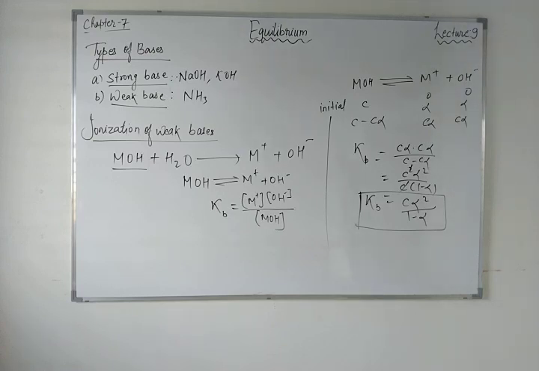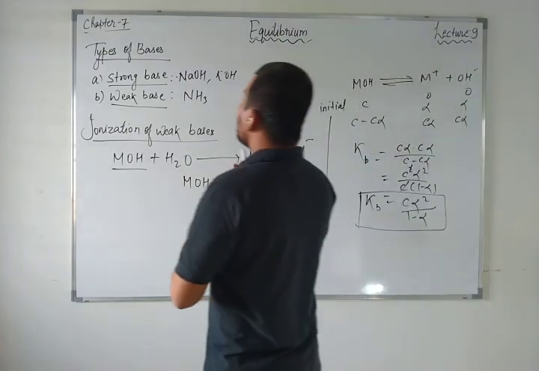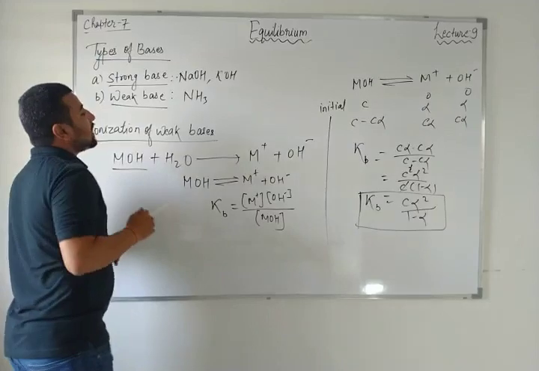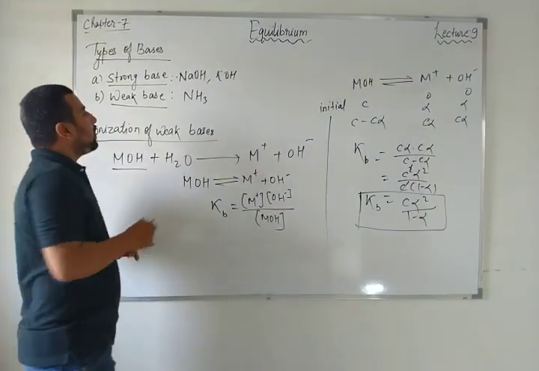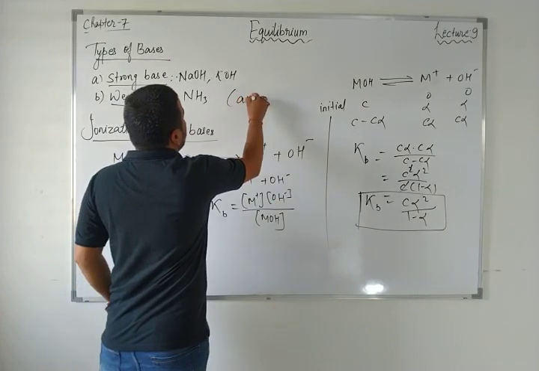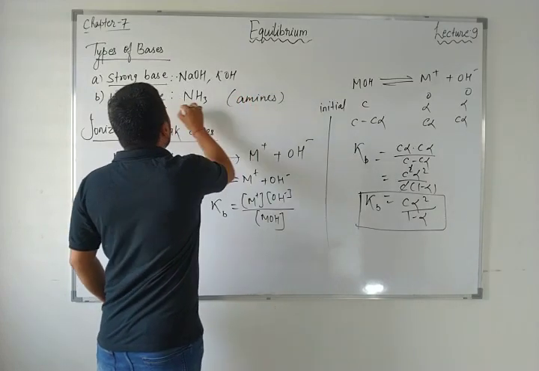If we talk about some specific bases like dimethylamine, trimethylamine, ammonia, quinine, pyridine, aniline, urea, all these values are already given in your textbook. Many organic compounds like amines are weak bases. Remember, as I told you that all the organic acids are weak acids, similarly all the organic bases are also weak, specifically organic amines are weak bases.